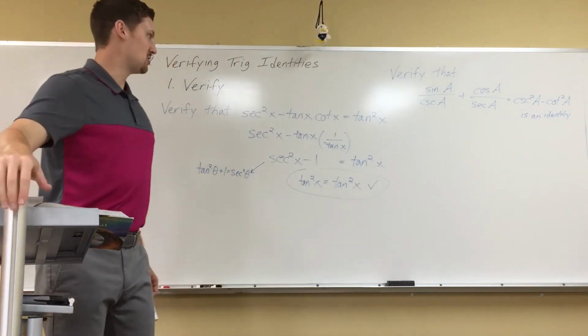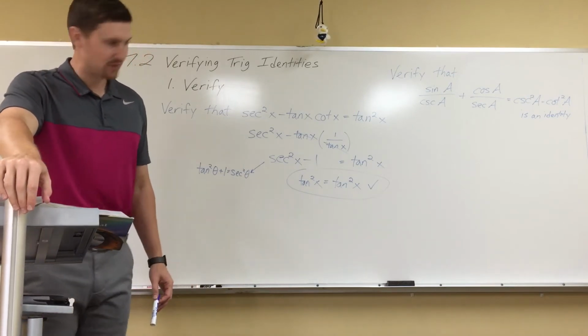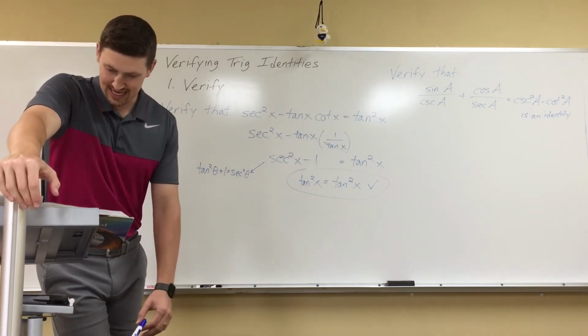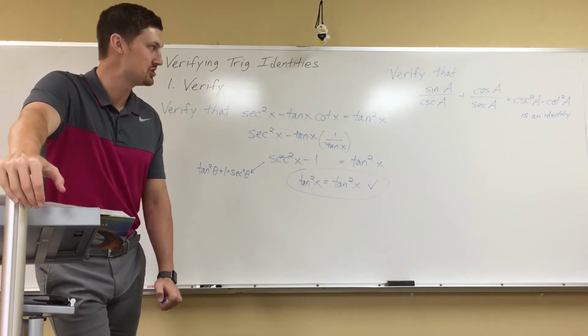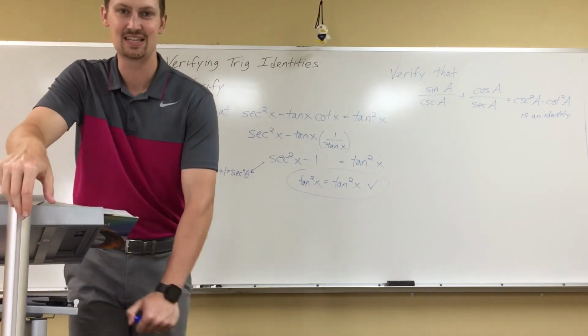Yikes. Sine of A over cosecant of A plus cosine of A over secant of A equals cosecant squared A minus cotangent squared A. Verify it's an identity.